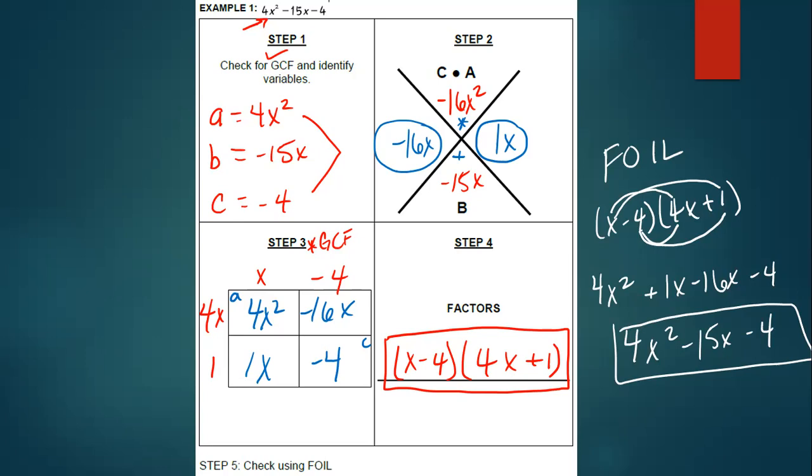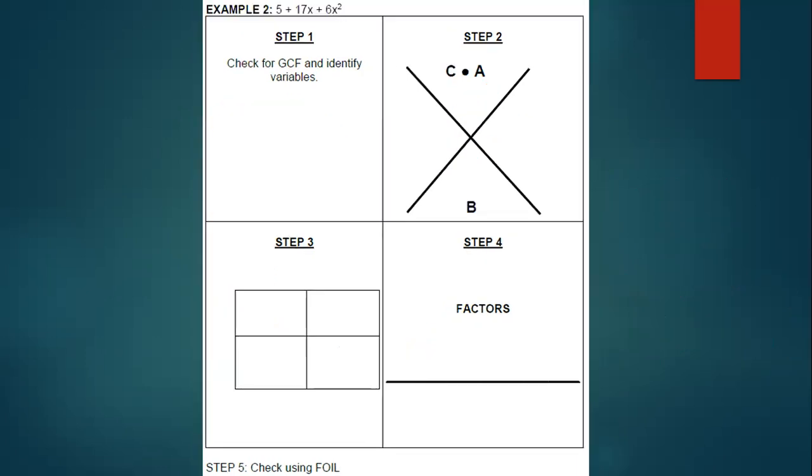Okay, all right, I want you to try. I'm not going to, I want you to try. Please stay positive. You got this. Yes, you're doing it. So step 1. Okay, step 1, check for GCF.